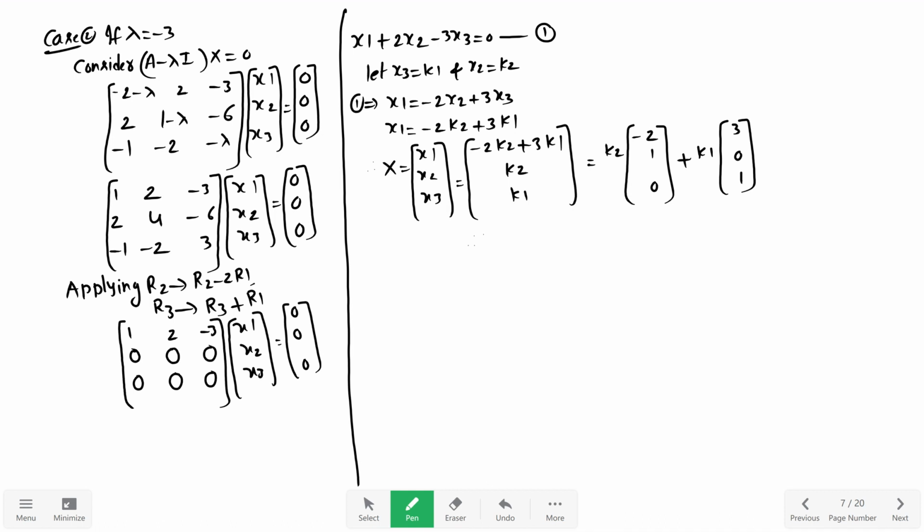Therefore the x2 eigenvector is (minus 2, 1, 0) and the x3 eigenvector is (3, 0, 1).